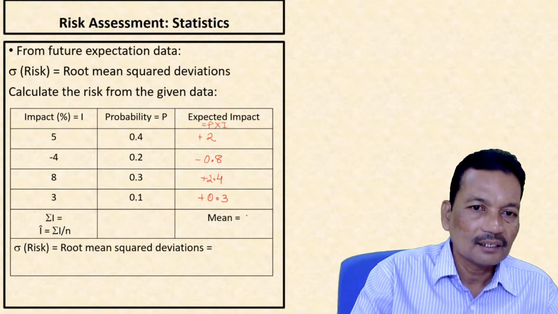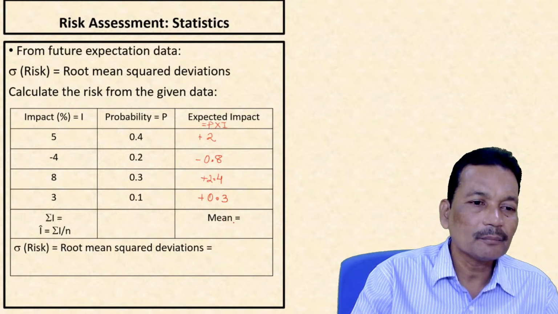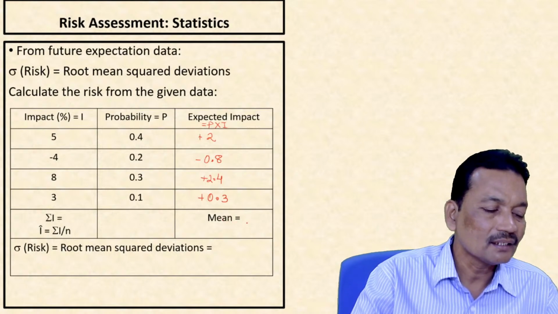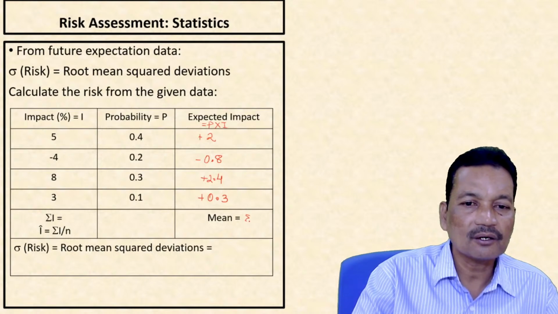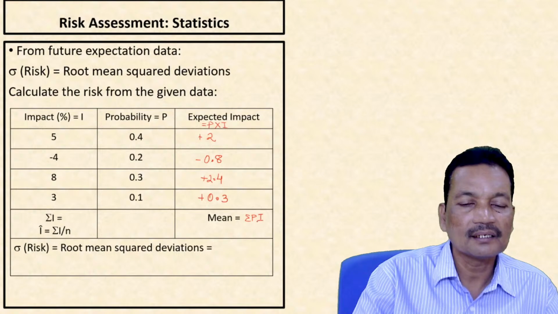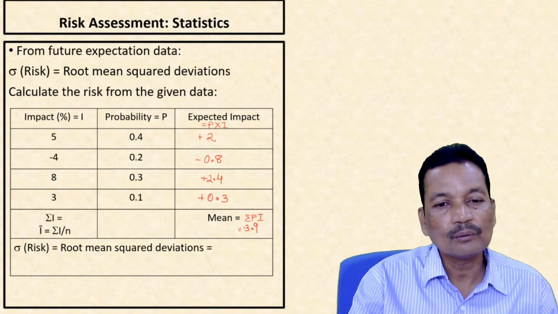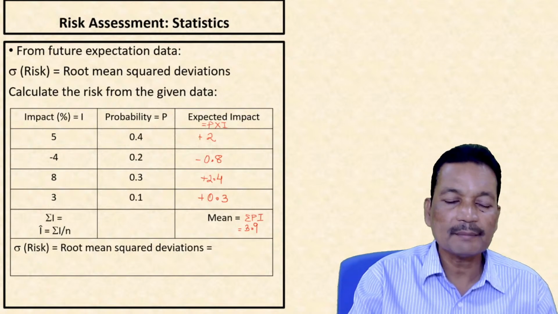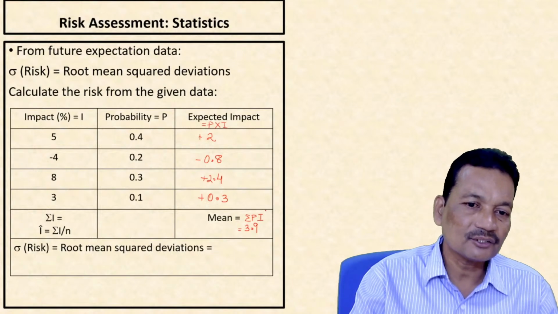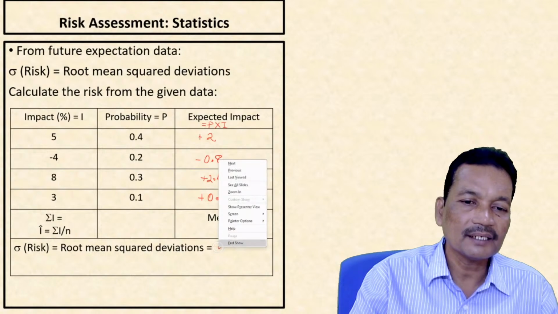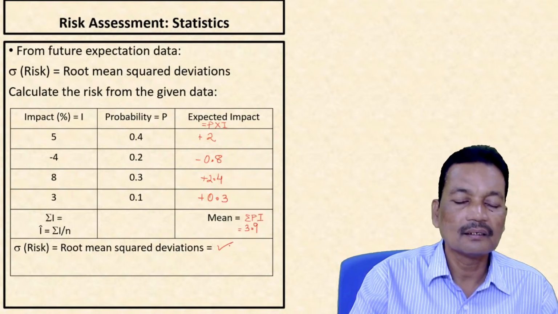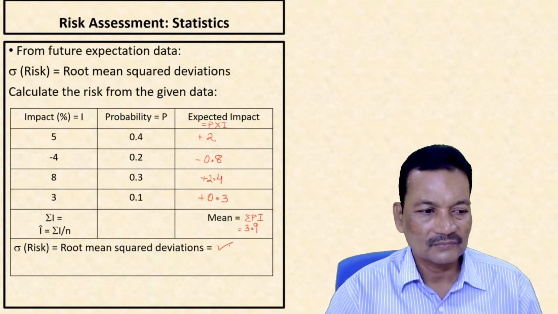And the expected impact or the mean is 3.9, the summation of pi. Once I get the mean, we adopt the same process as in the historical data and find out the sigma here.